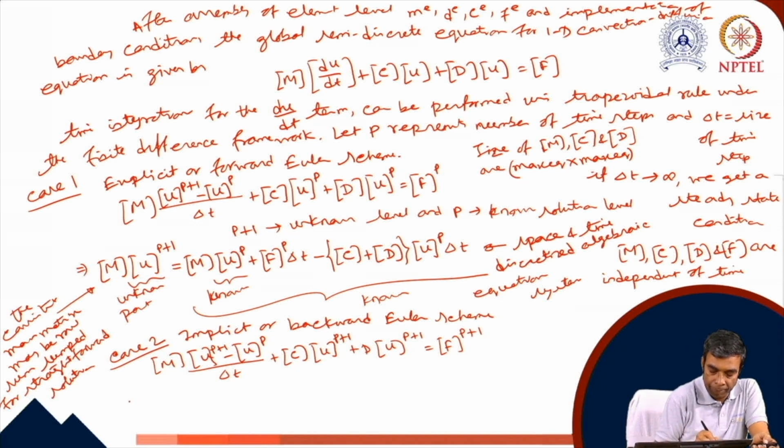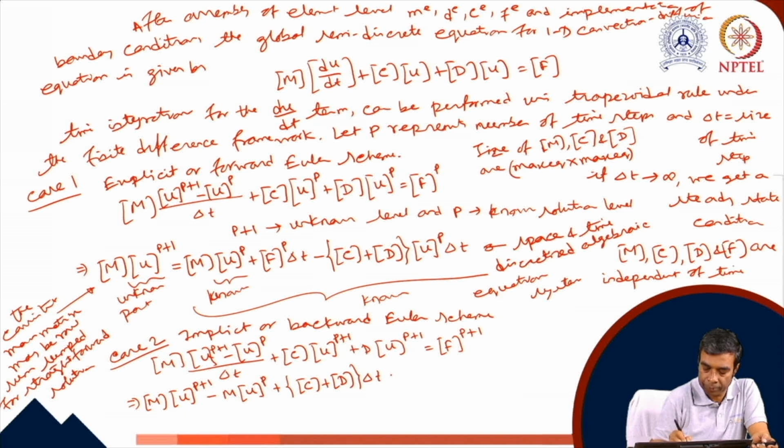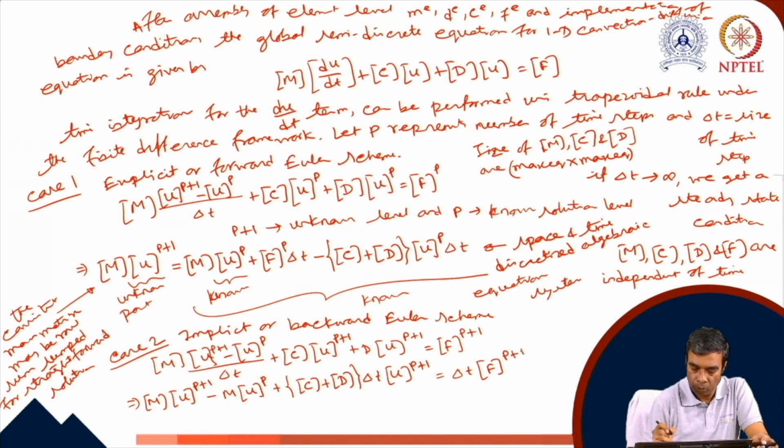This we can simplify as M into u at p plus 1th level minus M into u at pth level, plus the convection matrix C and the diffusion matrix D multiplied with delta t and the unknown degree of freedom vector u at p plus 1th level, equals delta t into the load vector at p plus 1th level.